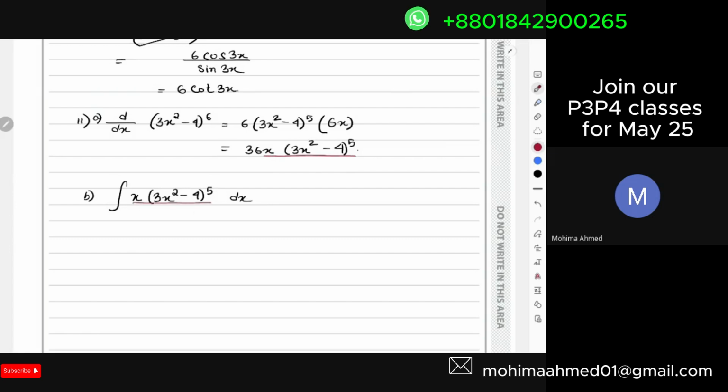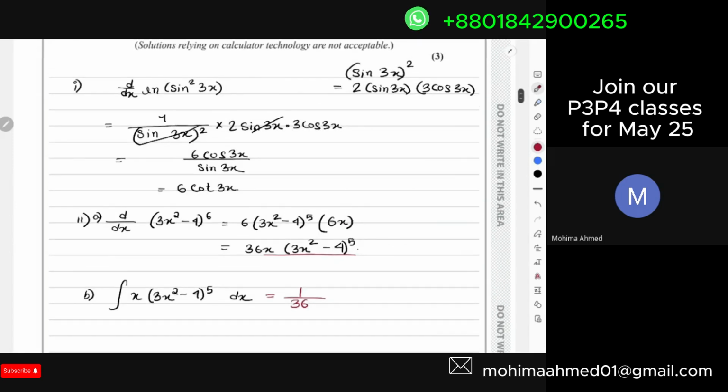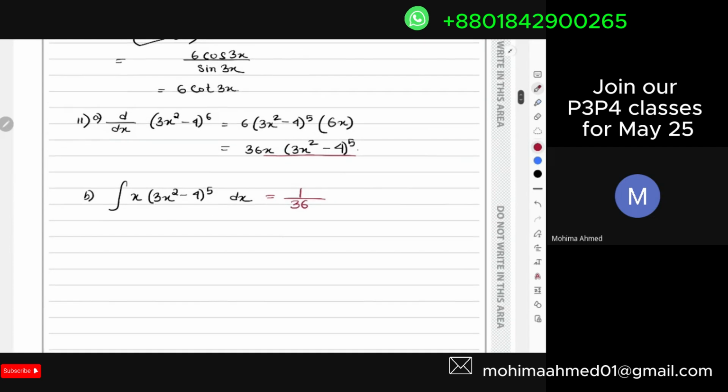So if I want to make them entirely equal, I just have to write that this thing is divided by 36, that is 1 by 36, of (3x² − 4)^6. So this is equal to 1 by 36, this value, right?